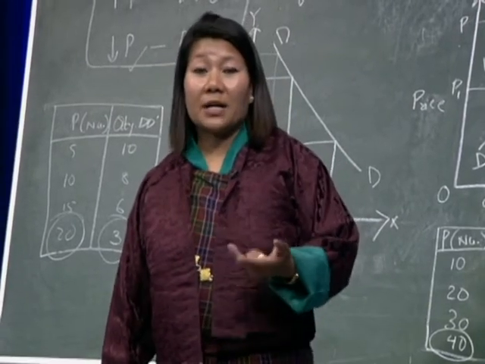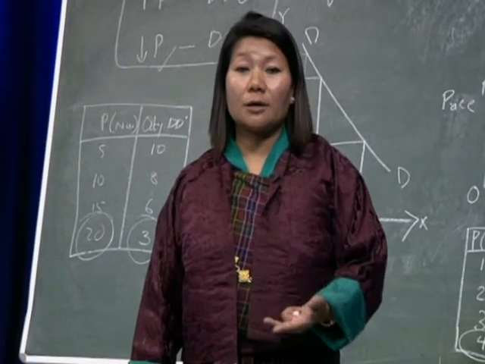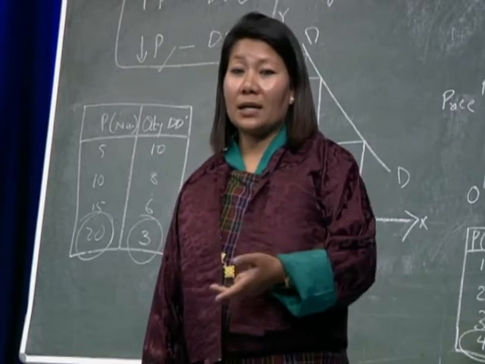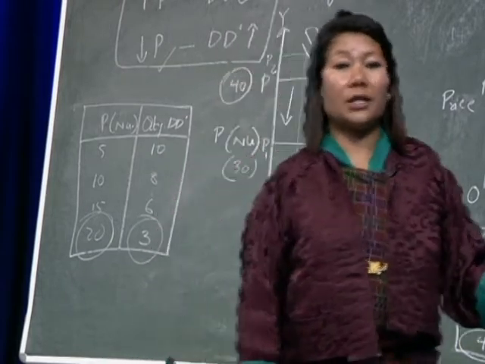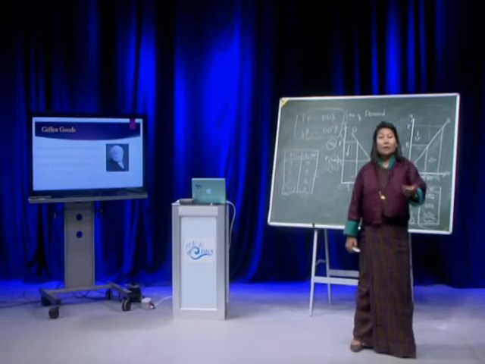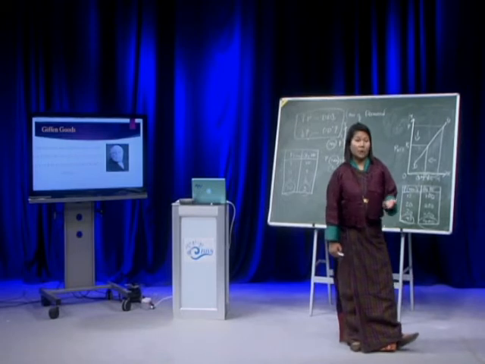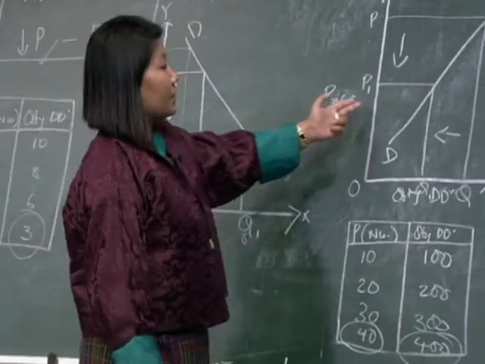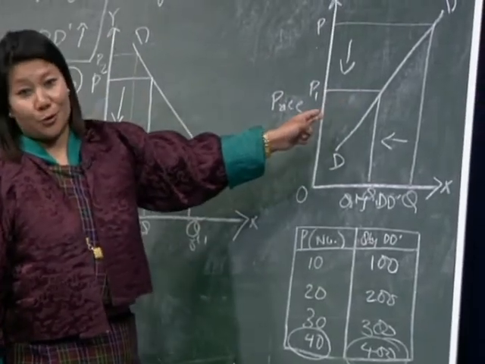If the price of karang drops from 25 to 10, what people will do is leave karang and perhaps they will go for consuming red rice with the extra money that they can save from the karang that they have been consuming. And so that's why our demand curve is positively sloped.